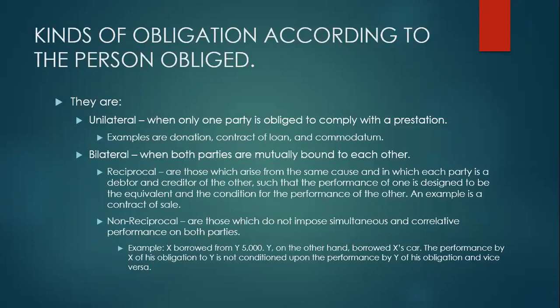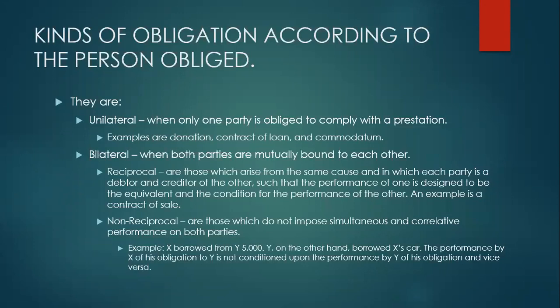An example is a contract of sale. Because in a contract of sale, the parties are reciprocally bound to comply with their respective obligations. So, kailangan kaliwaan. When you say reciprocal, kaliwaan yan siya. So, kapag mag-contract of sale, kailangan si seller, i-deliver niya yung property na binibenta niya at the same time, si buyer, bayaran niya yung amount ng property.